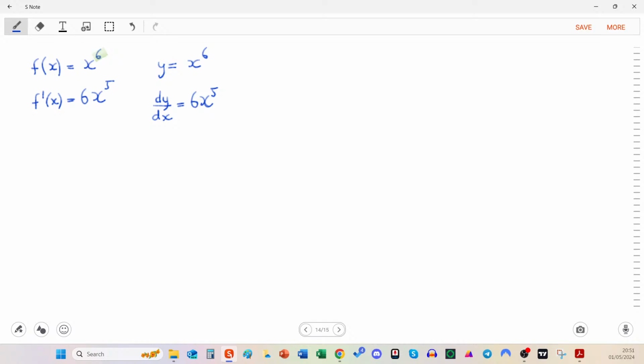So that's how we find the derivative of a very basic function. If you had x to the n, the general rule would be that the n comes down the front, and then you take away 1 from the power. That was f of x going to f dashed of x. Okay, so that's a generalization if you want it.